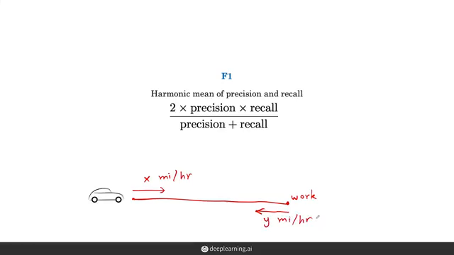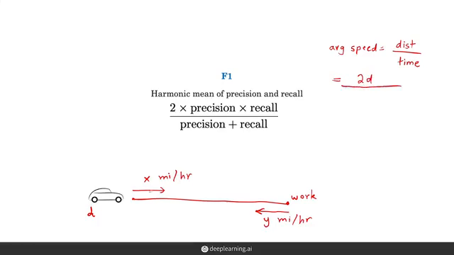And let's say you want to know your average speed over the whole journey. So the average speed will be given by the total distance over the total time. And we know the total distance. Let's say the distance one way is d, then the total distance is 2d.